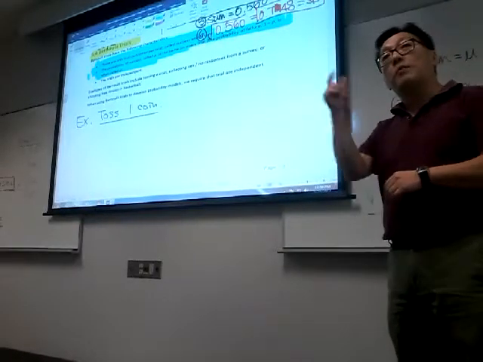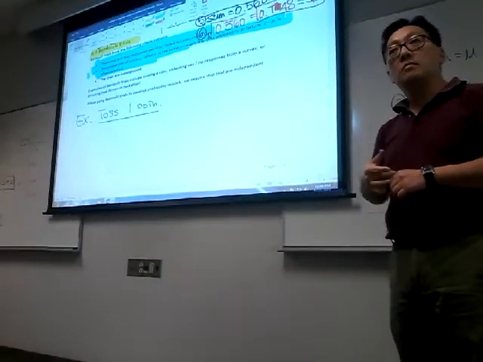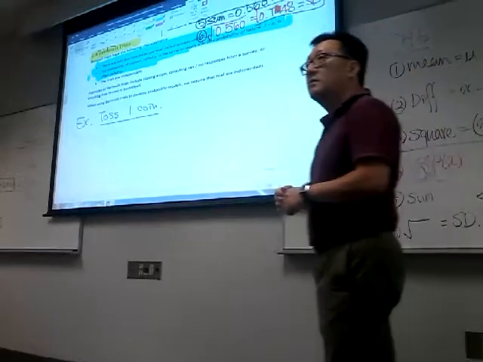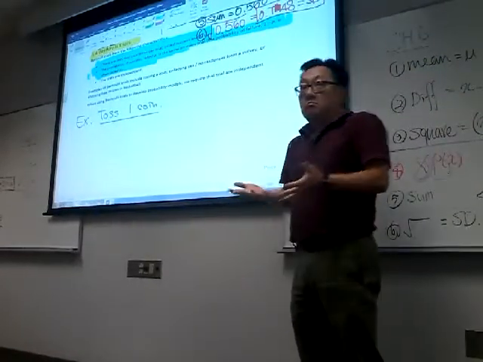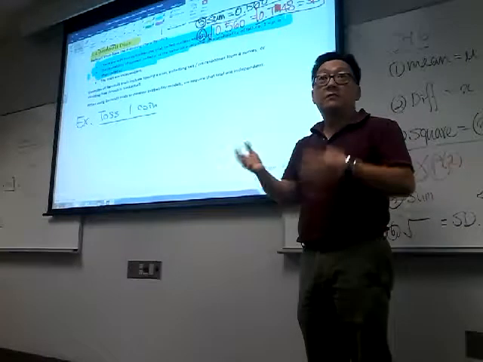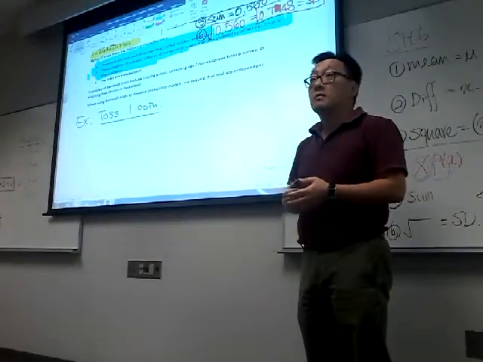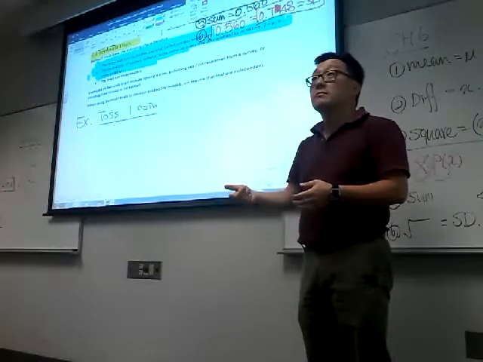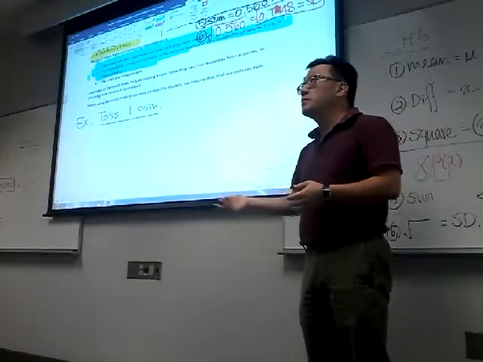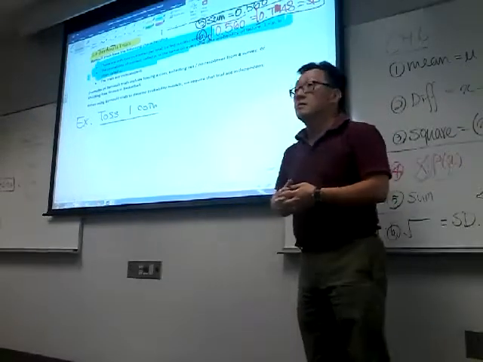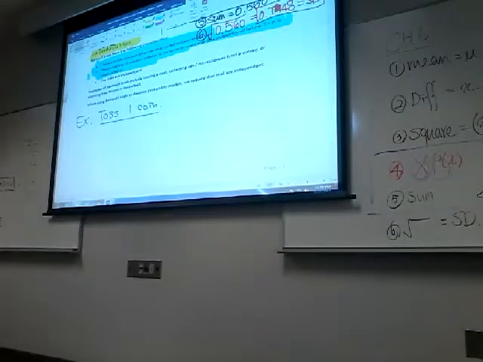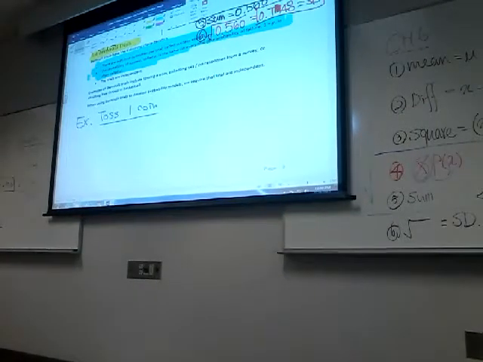Do you expect what will be the next outcome? Already I got head. Nobody knows, right? It's a 50-50. Independent. Each trial, each toss, independent. That is the third condition for the Bernoulli trials.